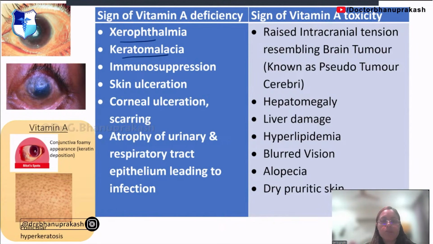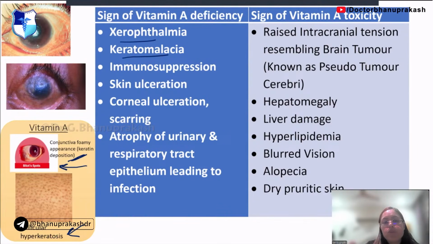Normally vitamin A suppresses keratinization, but now keratin deposits will occur in skin and eyes, mostly because of excess keratin. So see, follicular hyperkeratosis, excess keratin in the conjunctiva leading to a foamy appearance, known as the characteristic Bitot spot of vitamin A deficiency.